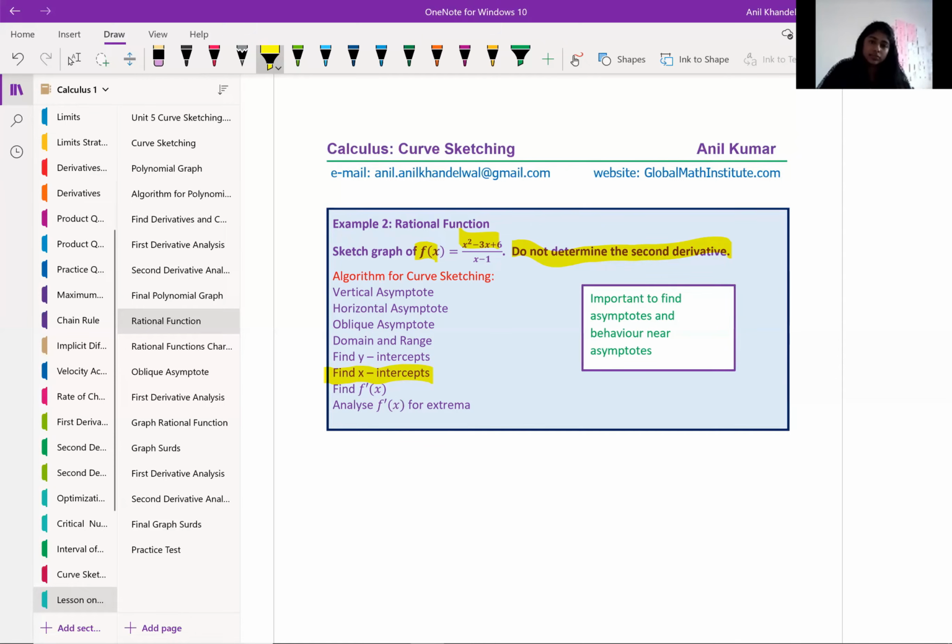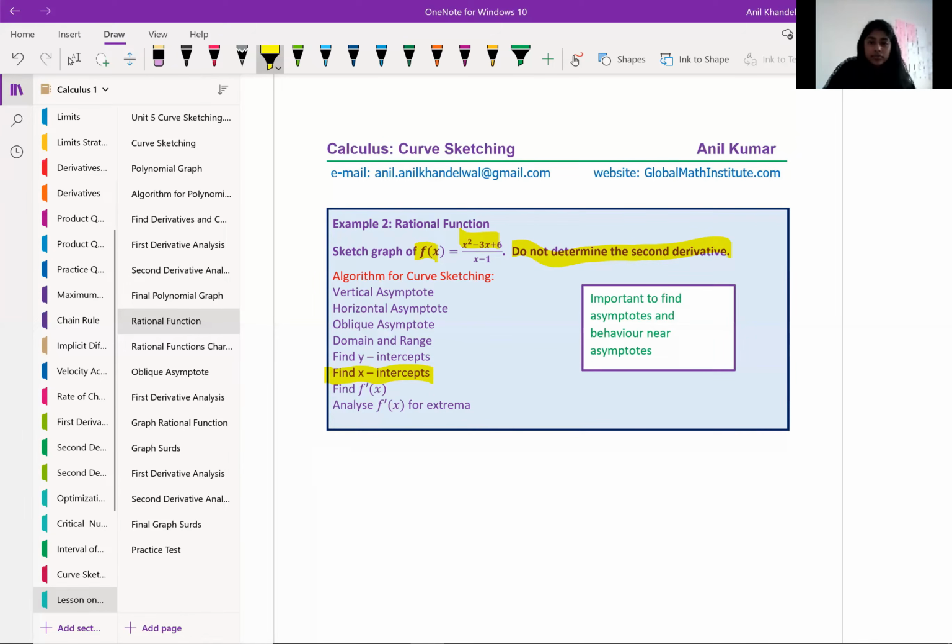However, if you have a rational function of degree more than 2, maybe 3 also, do not find X-intercepts. You can make a note because it's very complicated. It is like solving a cubic equation, which is not so easy. You don't have a quadratic type formula there, correct? The idea is to sketch a graph at this instance, not to solve an equation.